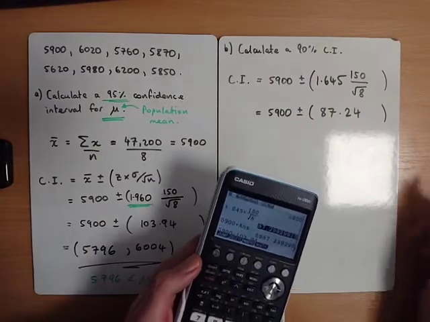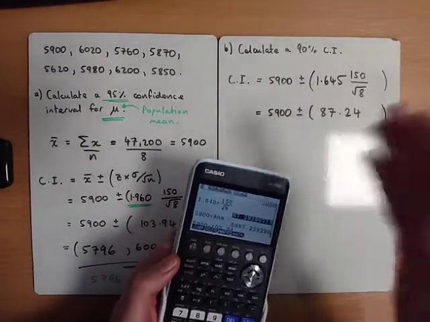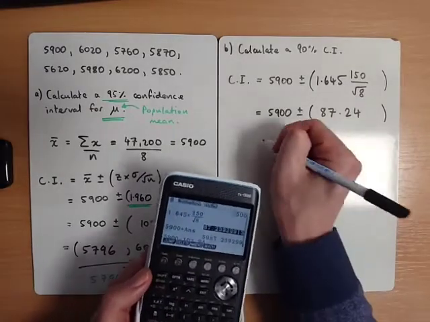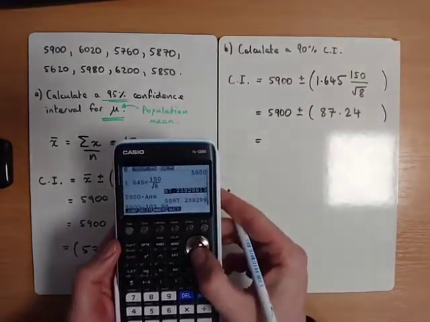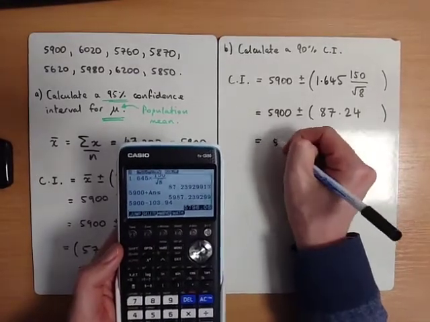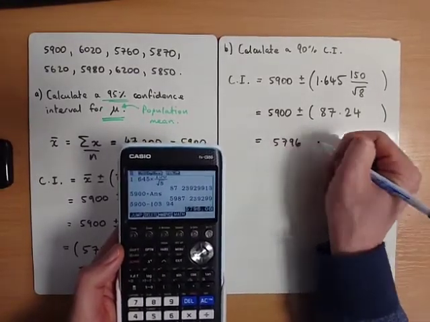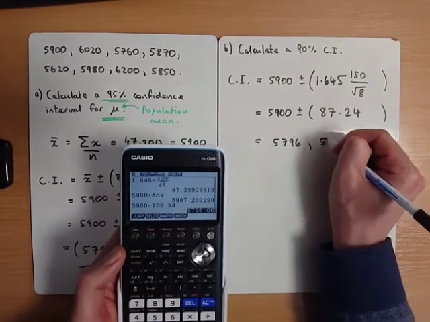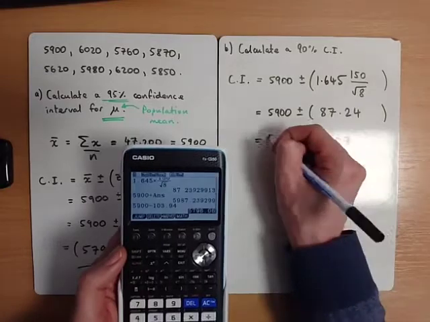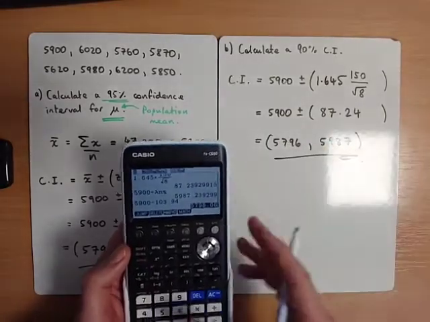Because if you only want to be 90% sure, your interval could be a bit narrower, couldn't it? Okay, so that gives us that interval there.